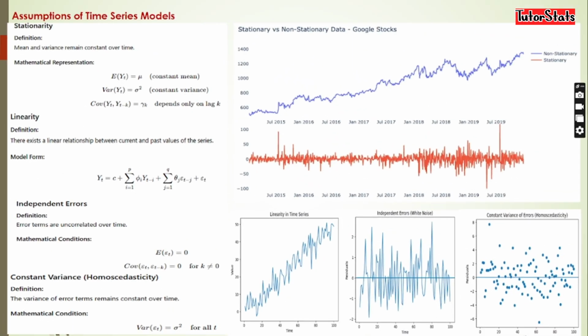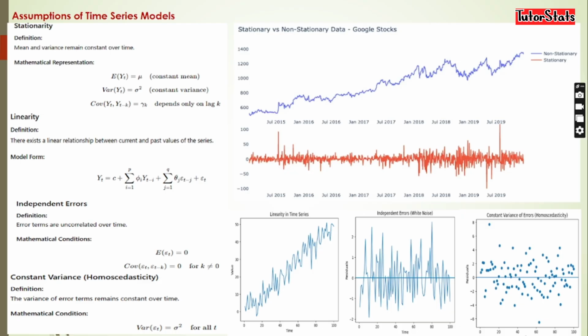In this slide, we are going to discuss the assumptions of time series models. Before we start forecasting or building any time series model, we must understand one important thing. Every model works under certain assumptions. If these assumptions are not satisfied, our predictions can be completely wrong.